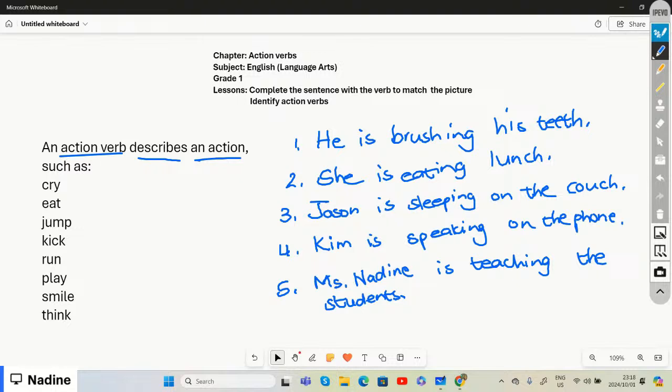And if we were to identify the action verb within the sentences, starting with the first one.